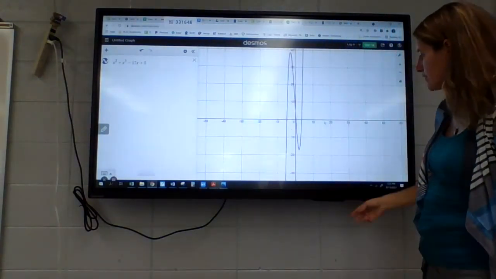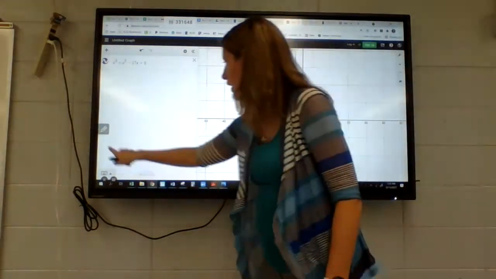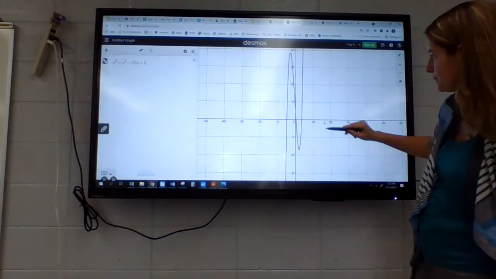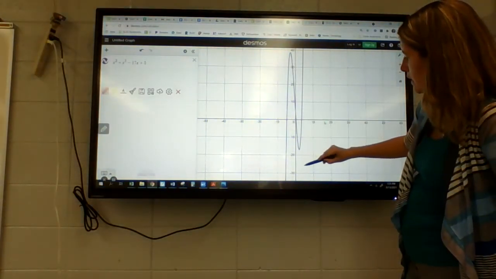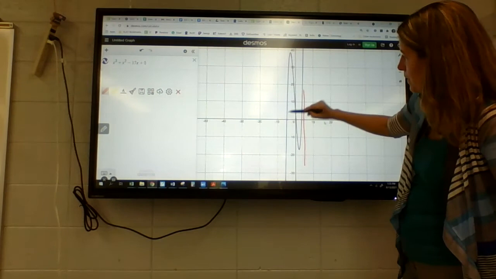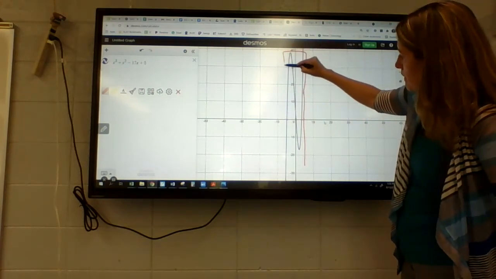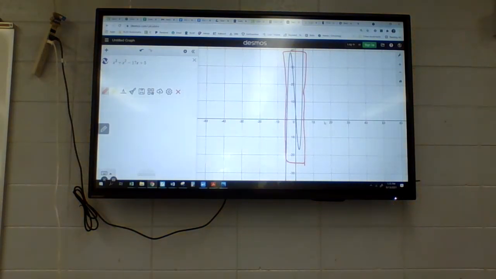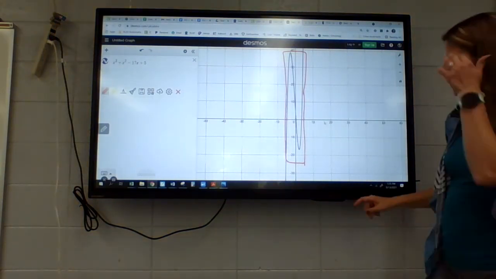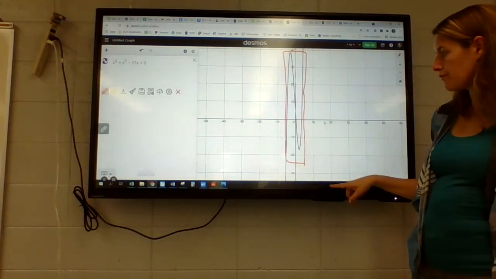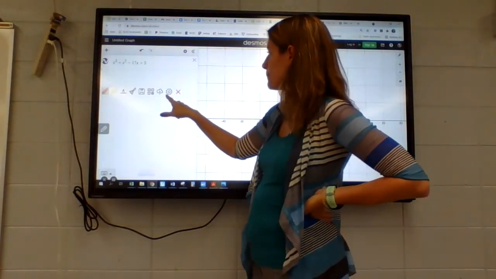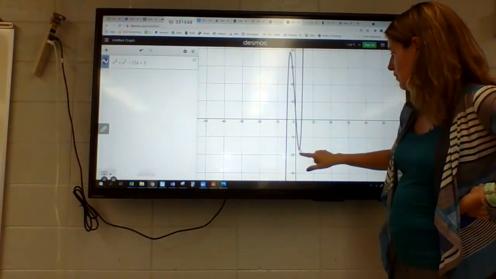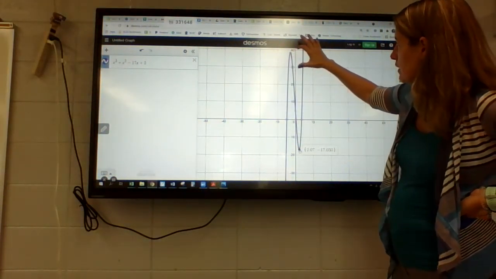So from -5 to 5 on my graph, basically they want me to look through this little section here. What are the maximum and minimum points? Estimates. If you're able to trace on your graph, or like on Desmos, it allows you to click those points.